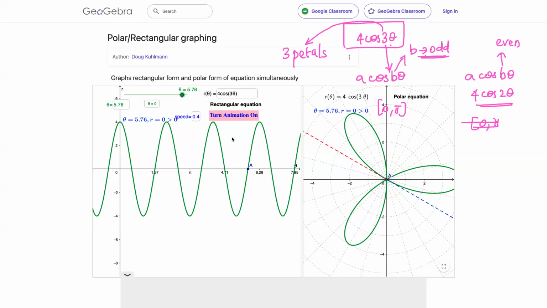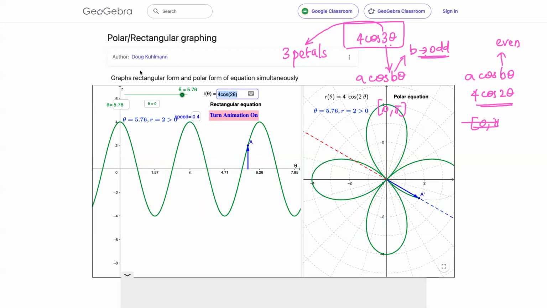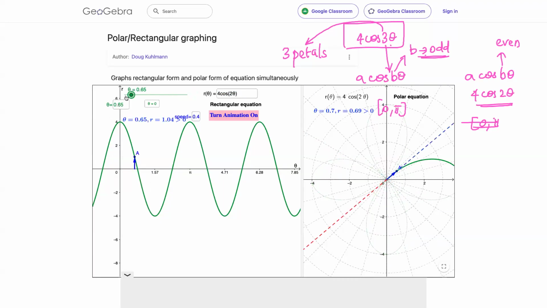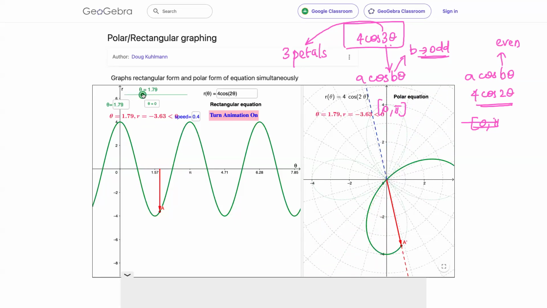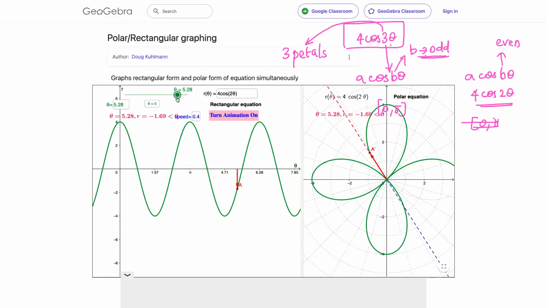Whereas, suppose I draw it for 2θ, what happens here? Let me bring it back. We'll start from 0. I'm going to go till π, and the graph is not complete at π. Do you see? The graph doesn't get completed at π, so it goes through a whole 2π fully to get it done.